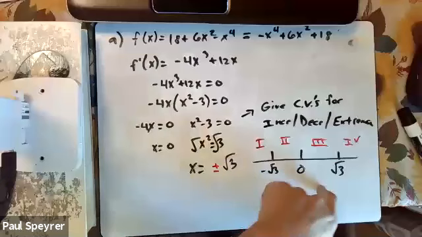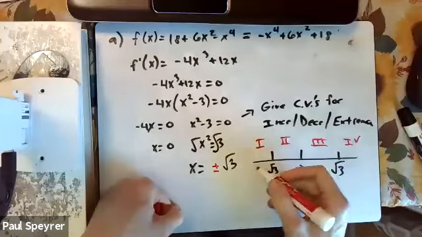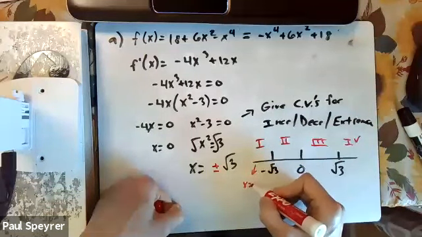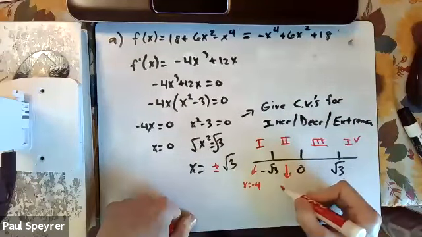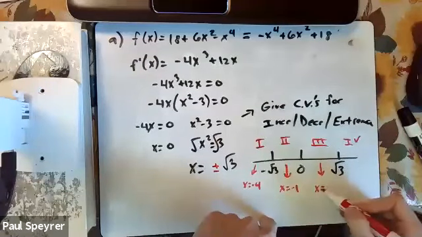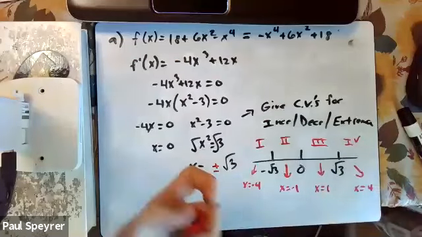You can convert these into decimals. So if we test negative 4, for example, we'll do that, x equals negative 4. Something between 0 and negative root 3, we'll use x equals negative 1. Right here, we can use positive 1. And then for the 4th region, we can use positive 4, right?